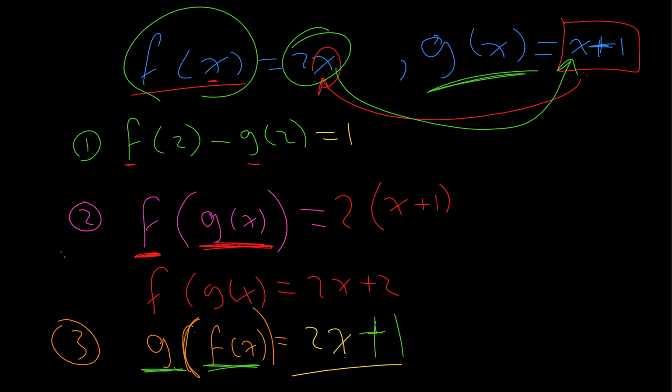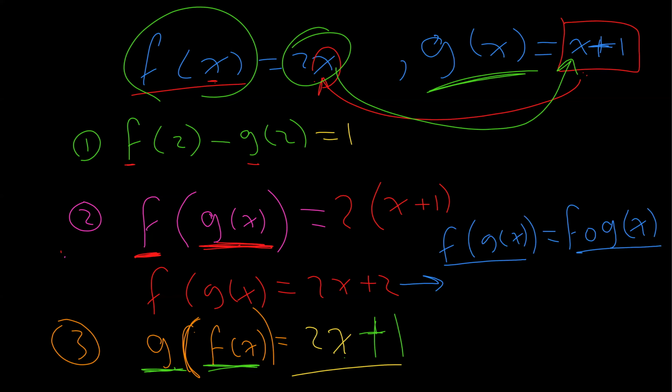But I need you just to give you one more note. Look, I give you one more note. F of g of x, I can write it like f composition g of x. You see how you write it? So this one here, it means this one. You get the same thing.